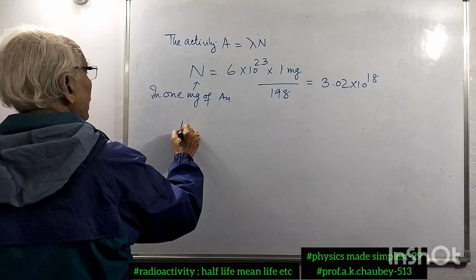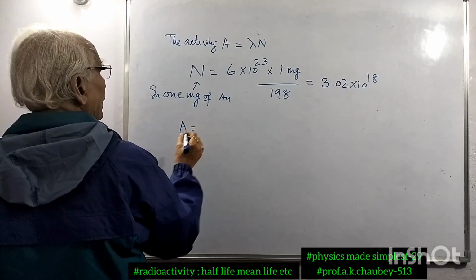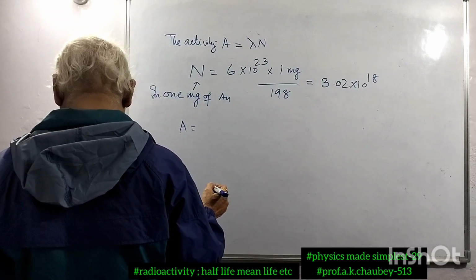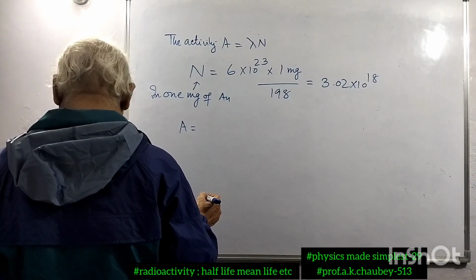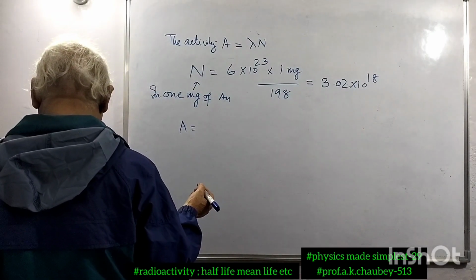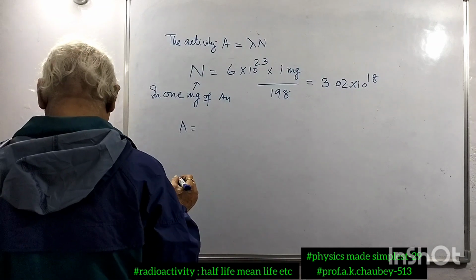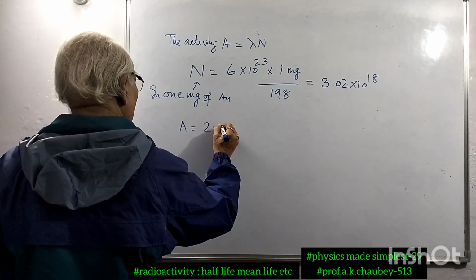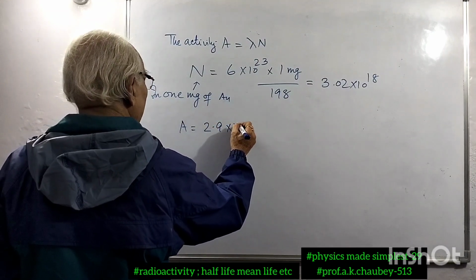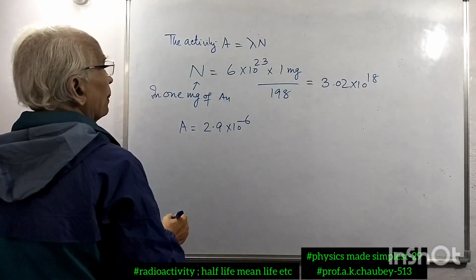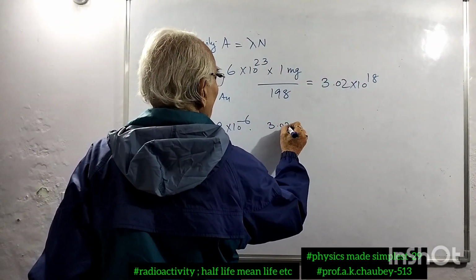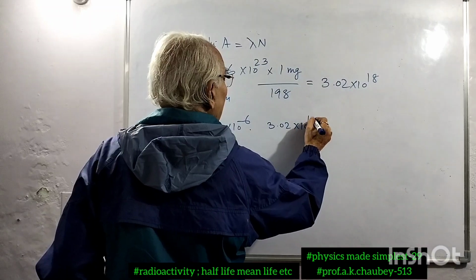Activity A is equal to lambda N, and lambda we have already calculated earlier. Lambda was 2.9 into 10 to the power minus 6. Lambda into N, where N is 3.02 into 10 to the power 18.